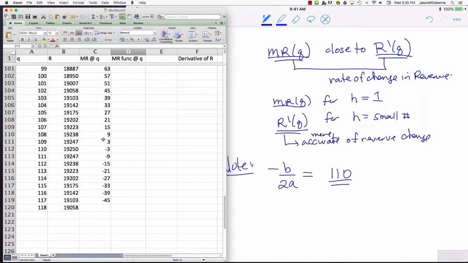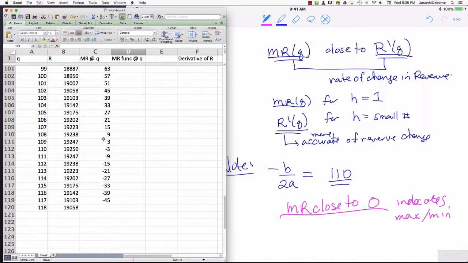So the key idea here is that the marginal revenue close to 0 indicates a maximum or a minimum.